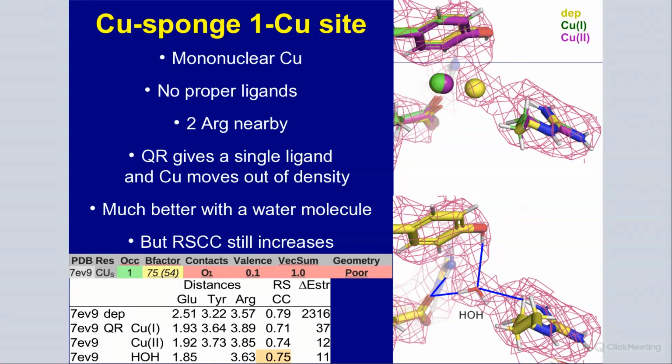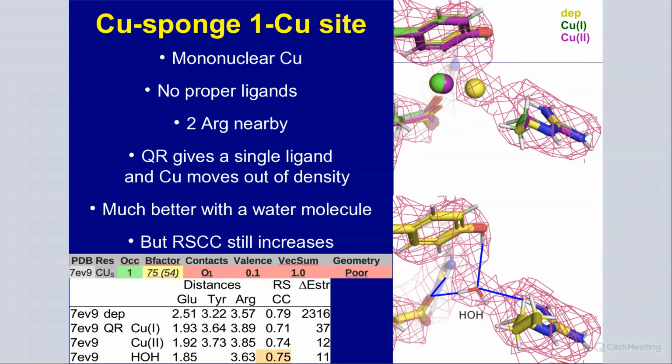And there are two arginine ligands, one is here and one is there, which point their hydrogens towards the metals. But there is a small blob of density where they have built the metal. If we do quantum refinement on this, then the metal moves out of the blob and it goes towards the only reasonable ligand.